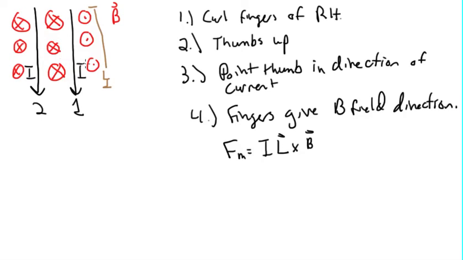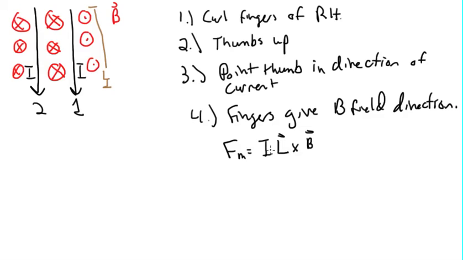So what we do is we align our fingers in the direction of the current, so our fingers would be pointing towards the bottom of the screen. We're going to then rotate our hand and face our palm in the direction of the B field, so our palm should be facing into the screen.